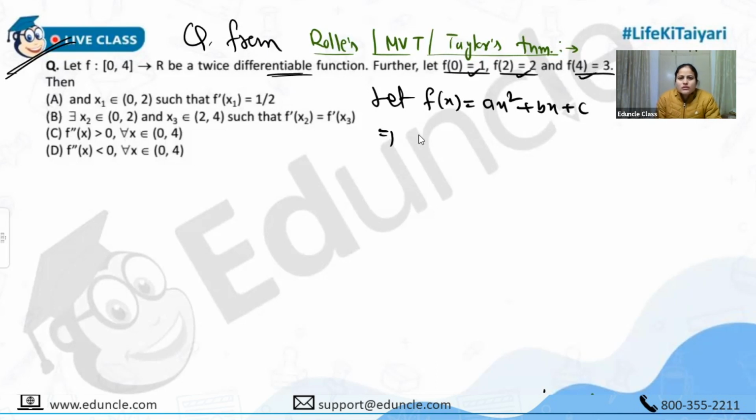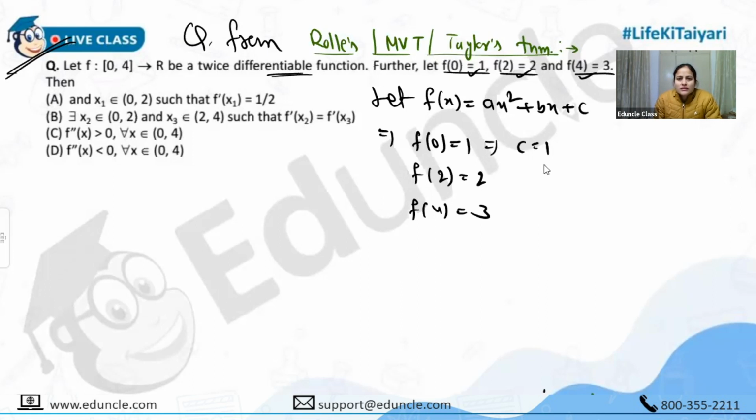ठीक है, चलिए. So the given thing, f at 0 is equal to 1, f at 2 is equal to 2, and f at 4 is equal to 3. चलो, let's do it quickly.